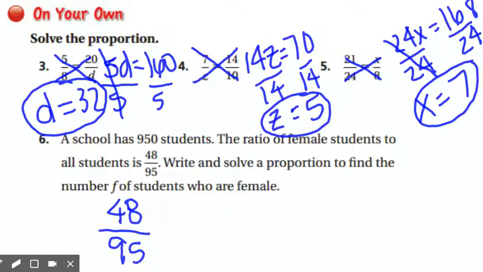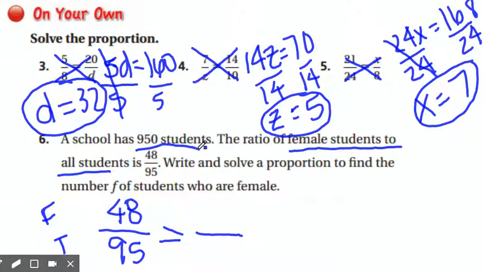All right, and that represents female students to all students. So I'm going to write female and total equals, now we need another fraction. So 950 students, that's the total. Would that go on the top or the bottom? If you put it on the bottom, you would be correct.